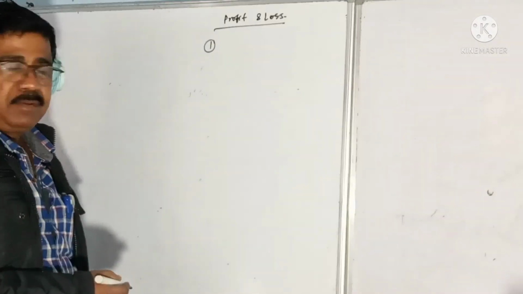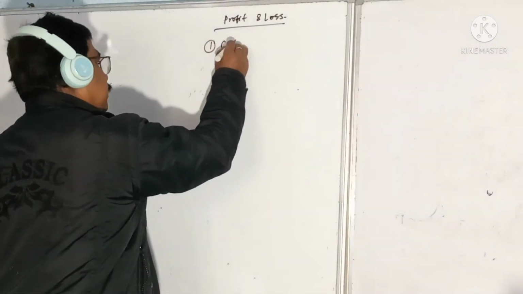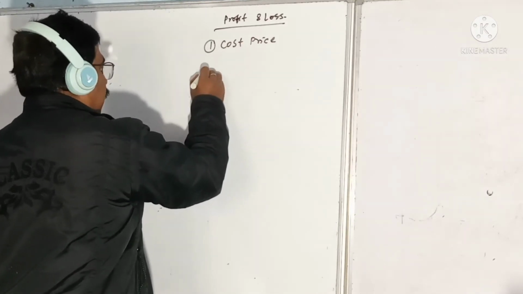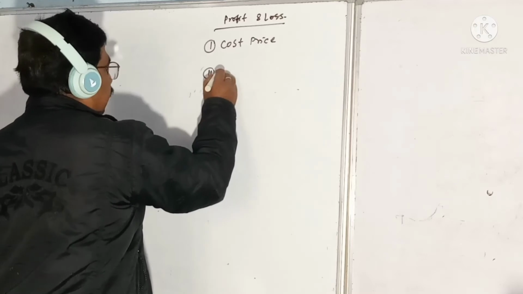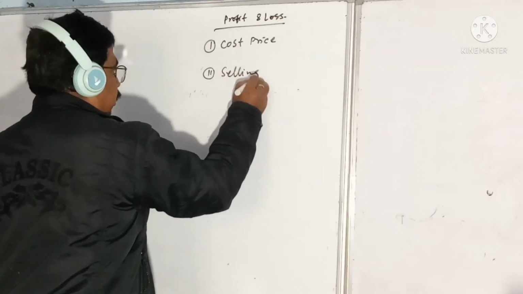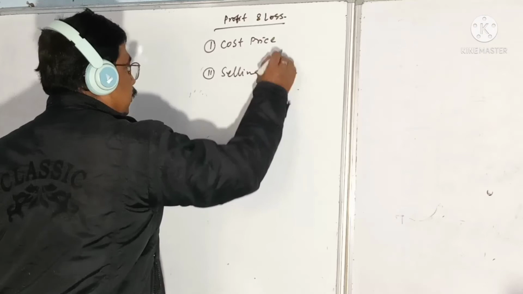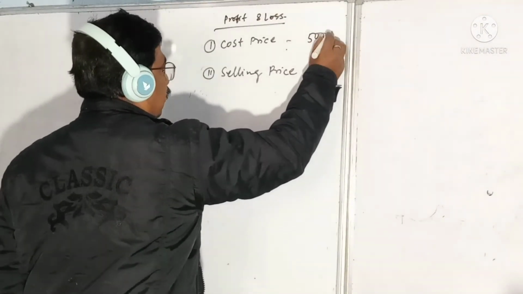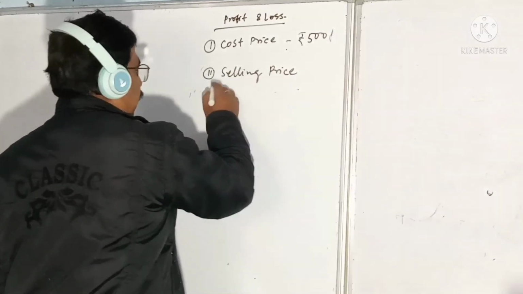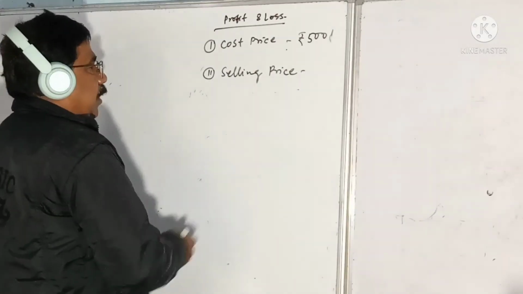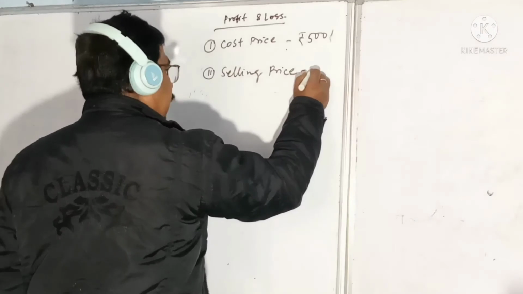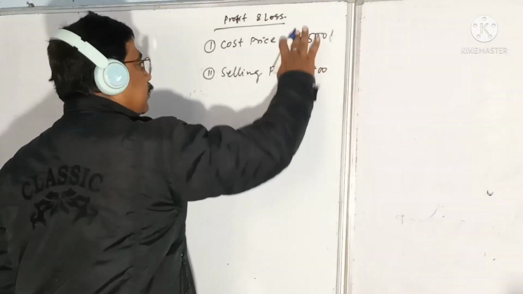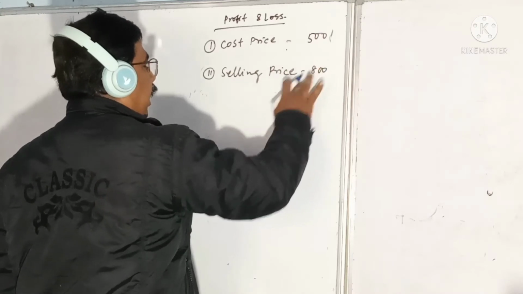There is given cost price, or second matter, given selling price. Here the given cost price is 500 rupees and the given selling price is 800 rupees or dollars.